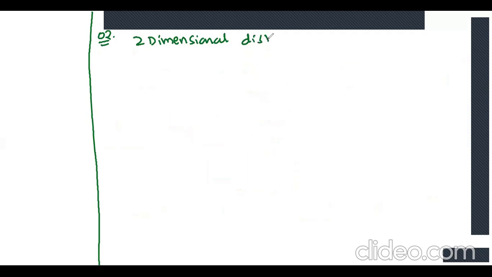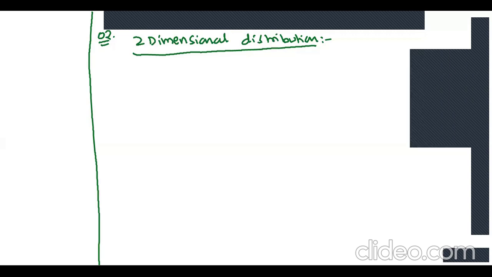Similarly, we are having two-dimensional distribution. Previously we had the distribution of charge along only one dimension, so that's why we call it one-dimensional distribution, in which we are having the linear density.